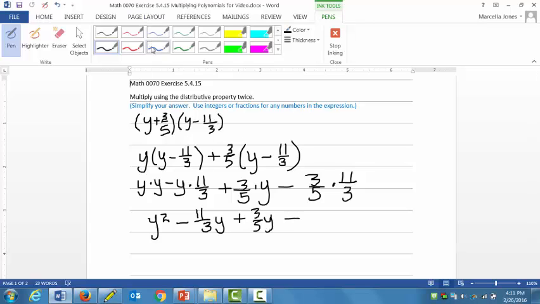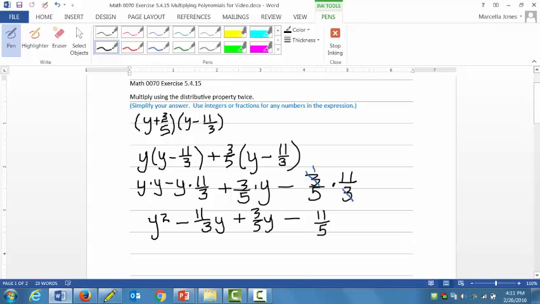And when I go to do this last product, this 3 in the denominator can be divided into this 3 in the numerator, and the result is 1. So 1 times 11 is 11. And I have simply a 5 left.